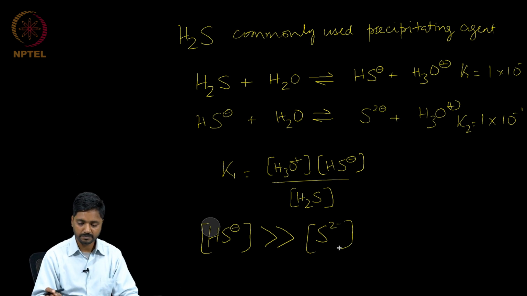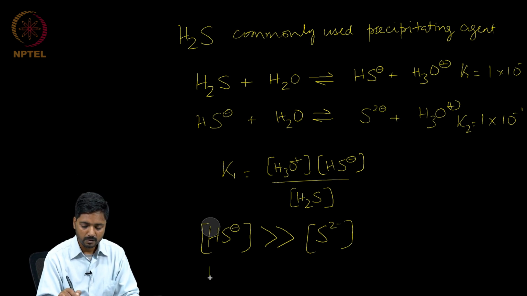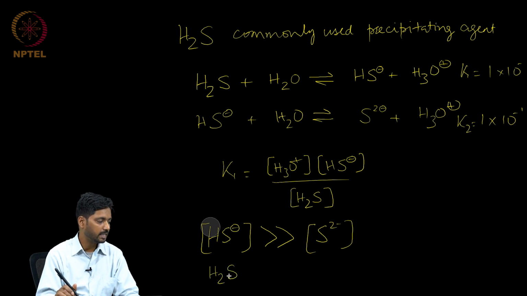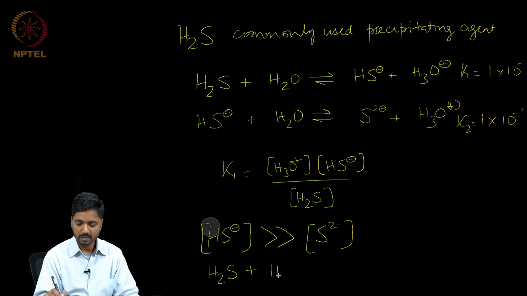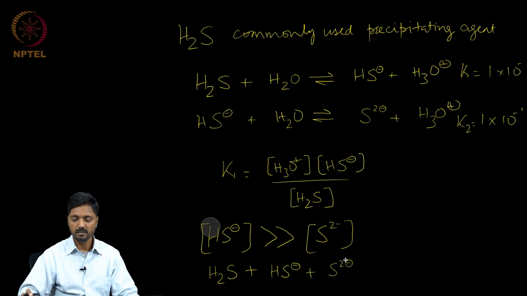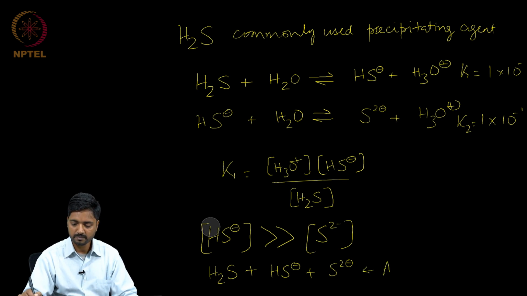And what we can write is that at equilibrium we will have the H2S present, the HS minus present, and the sulfide ion in a very small amount present at equilibrium.